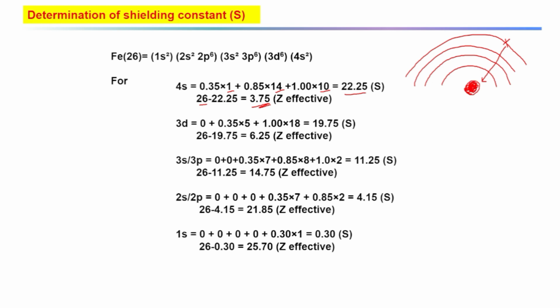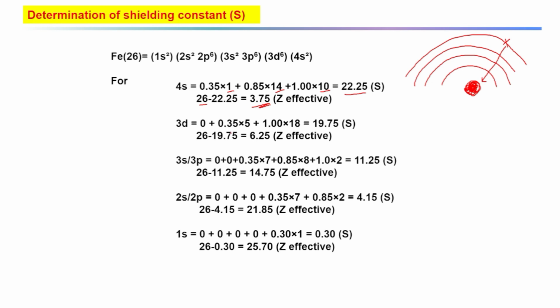The 26 protons are attracting these electrons, but the inner electrons have a shielding effect, so they are shielding the attraction of these protons. That's why the 4s electrons will feel the force of only 3.75 protons in the nucleus of iron. That much attraction these 4s electrons will feel.